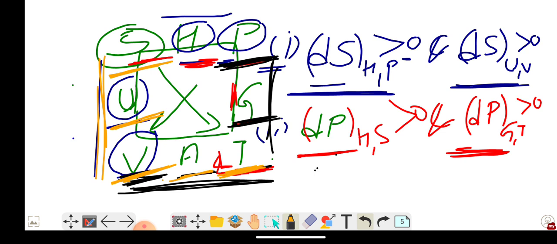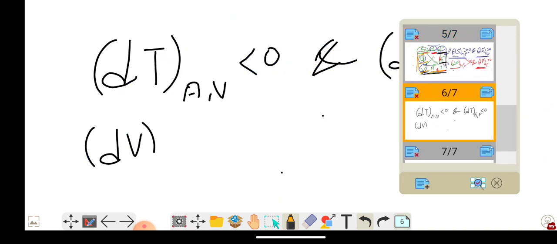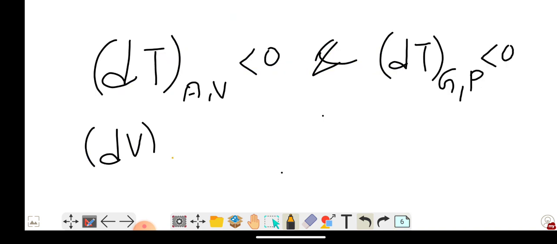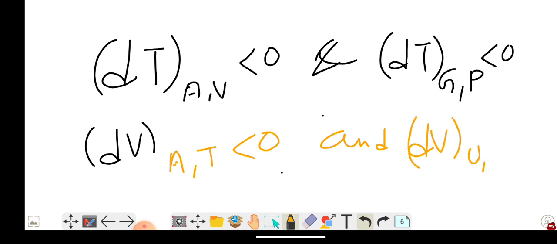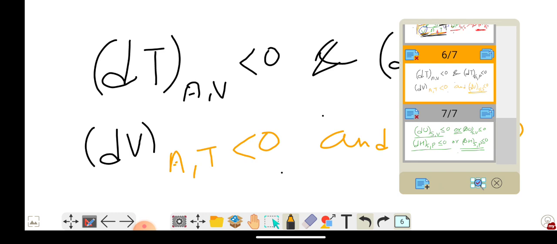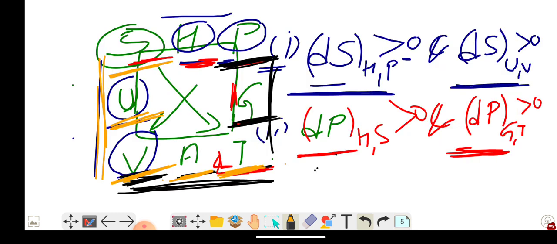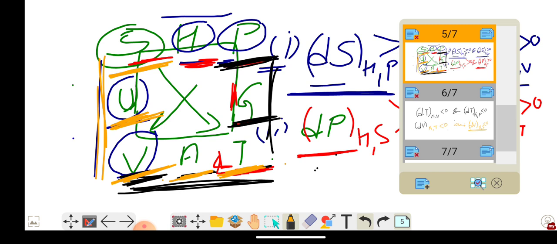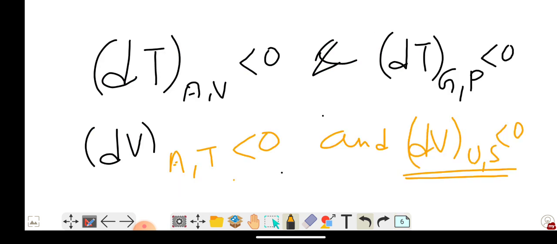So dV at constant A and T is less than 0, and dV at constant U and S is less than 0. These are the third and fourth spontaneity criteria.